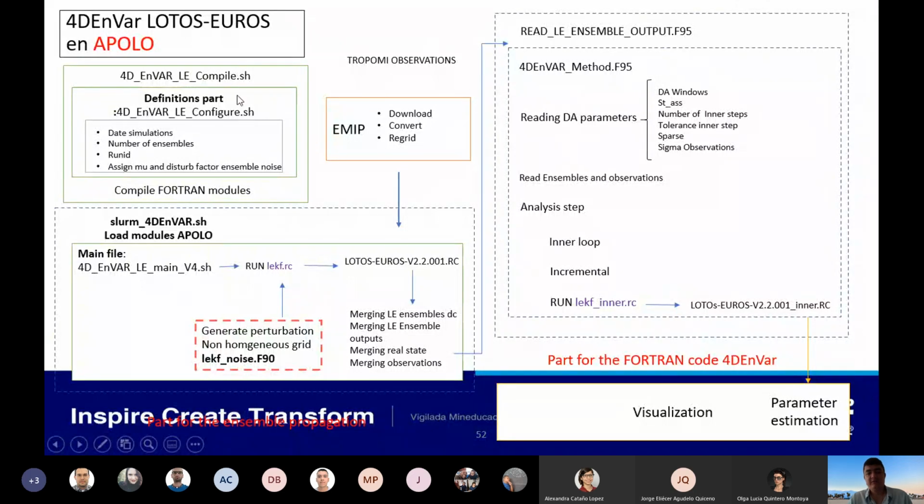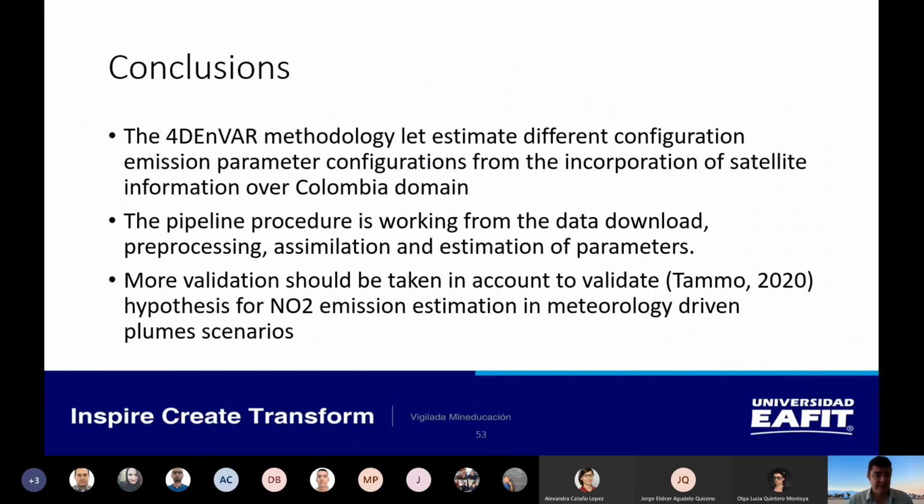So these were some of the new procedures; the idea is to start moving to a very high number of ensembles and different drastic changes and different iterations. The preliminary conclusions I have are that this method at this moment estimates different configurations for emission parameters in Colombia, incorporating satellite information with its own methodology that is validated in terms of quality flags and different time window domains.